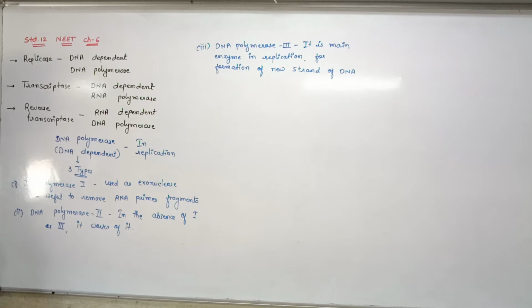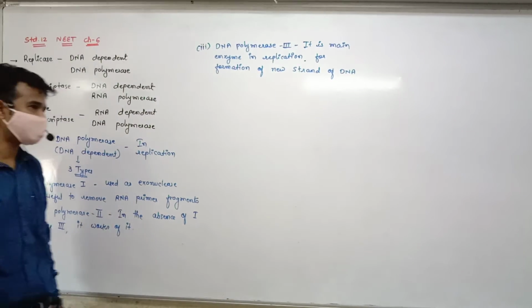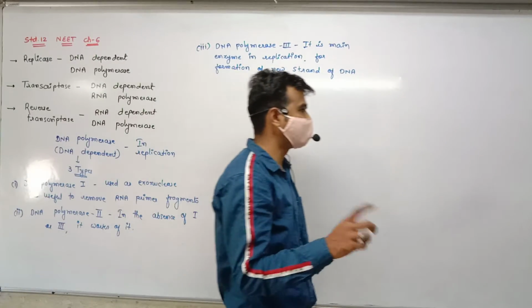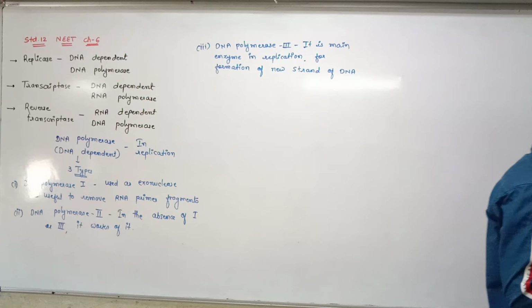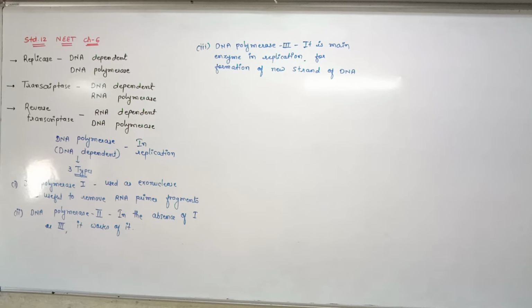It removes the RNA fragments at the last second point in the replication process. You know that in the replication process, one continuous strand is formed known as the leading strand, and on the leading strand only one RNA fragment is there, the remaining is a DNA fragment.